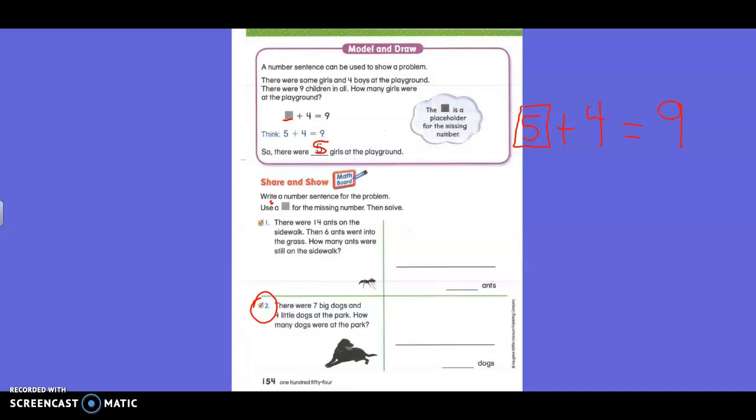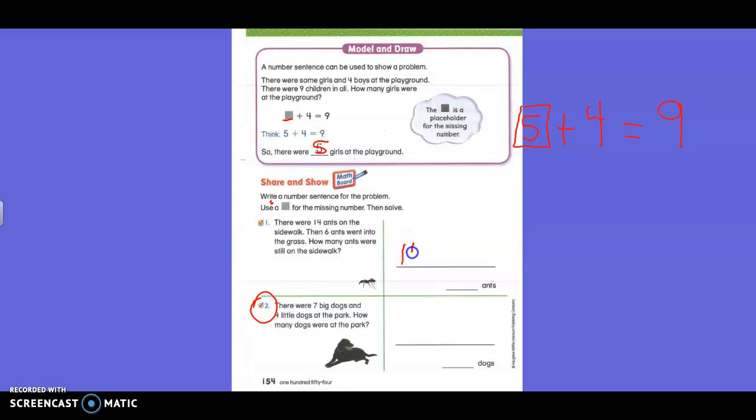Yes. What does that tell you? What does that tell you we are going to do? Are we going to add or are we going to subtract? Jason? We are going to subtract because they gave us a big number. So where would we put the 14 on our number sentence? Nina? Up at the beginning.